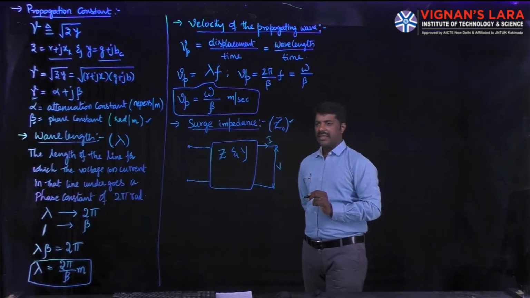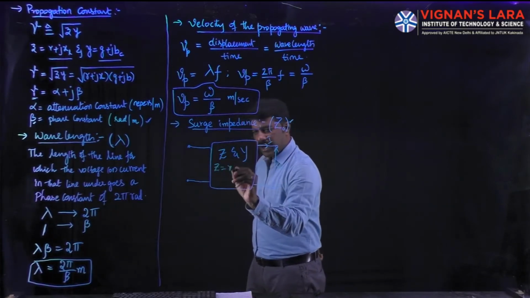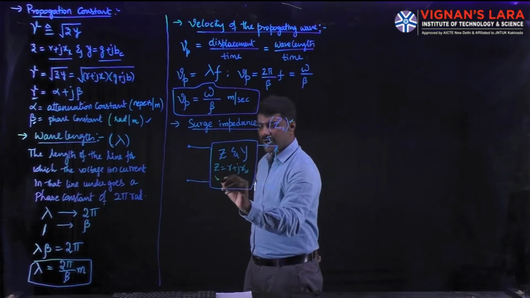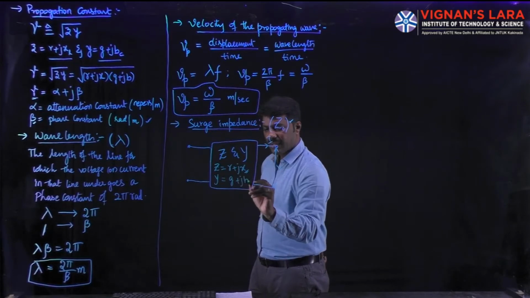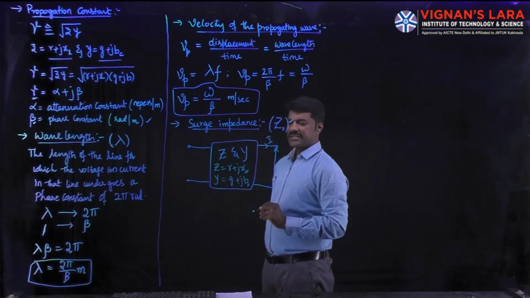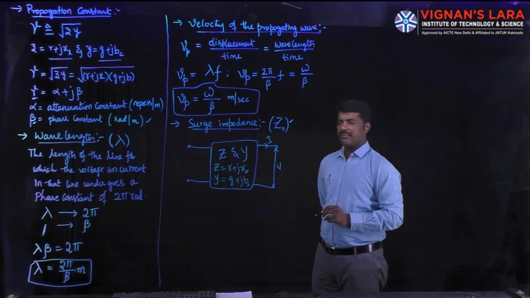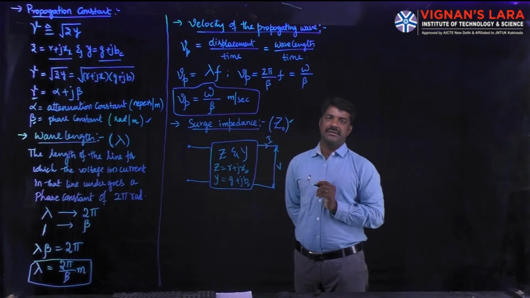Okay. Then Z has a component R plus jX, reactance, and also admittance, which is defined as G plus jB, having susceptance with capacitor. So there are two energy storing elements in the entire transmission line. They are inductor and capacitor.